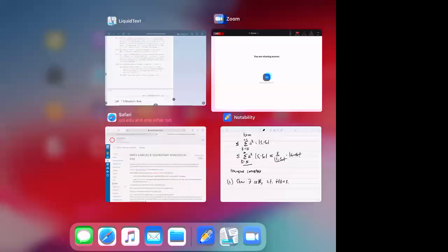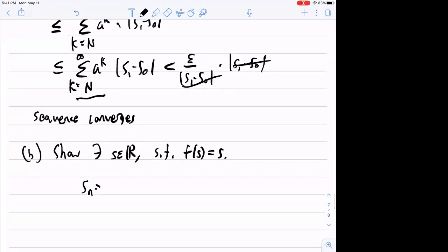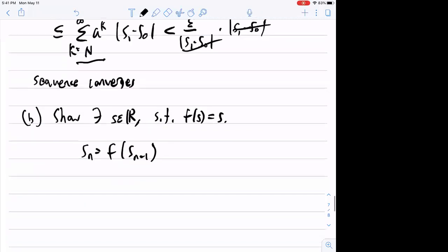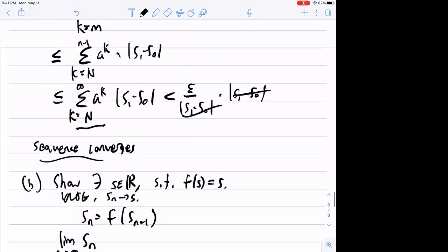No, great. This is easy because what was this sequence? It was this sequence. Now let's take the limit on both sides. Since our sequence converges, let's say Sn converges to S. Let's call the limit S. We showed it converged.